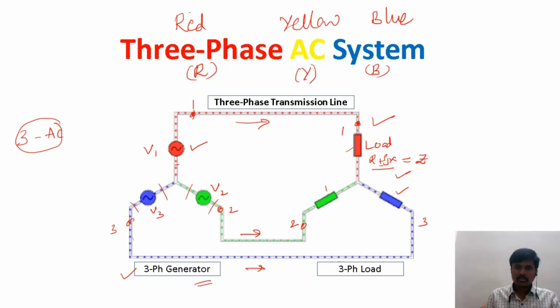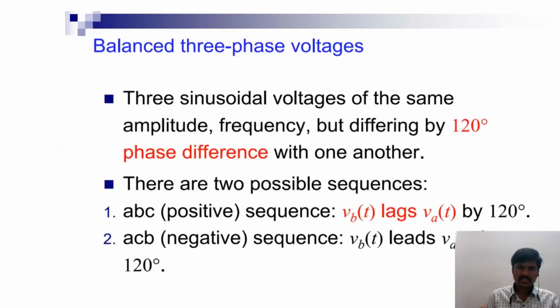Now we are going to learn to represent three-phase AC systems clearly. The first one is balanced three-phase voltage. As I have mentioned already, these three-phase voltages are made by three single-phase AC sources.